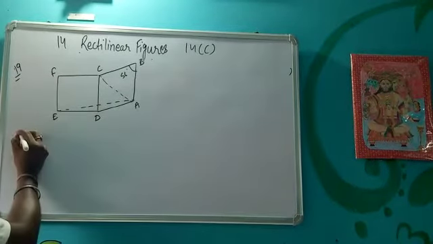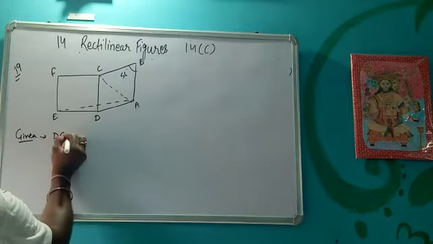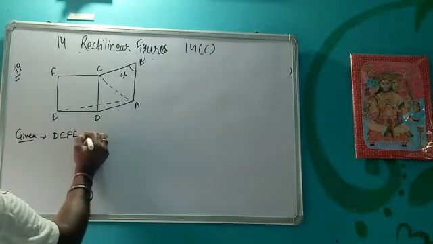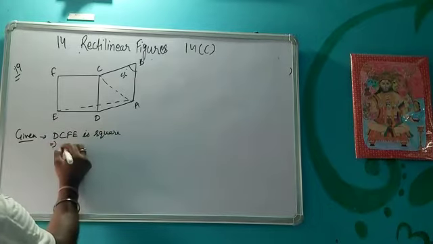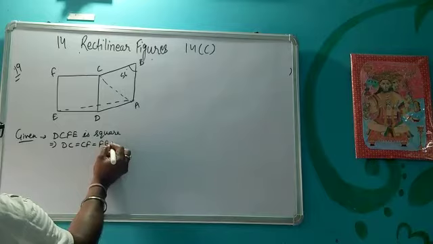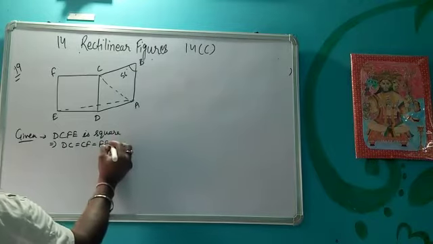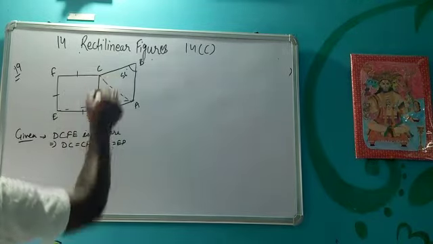Now what is given in this? Given is DCFE is a square. That means all the sides will be equal to each other.